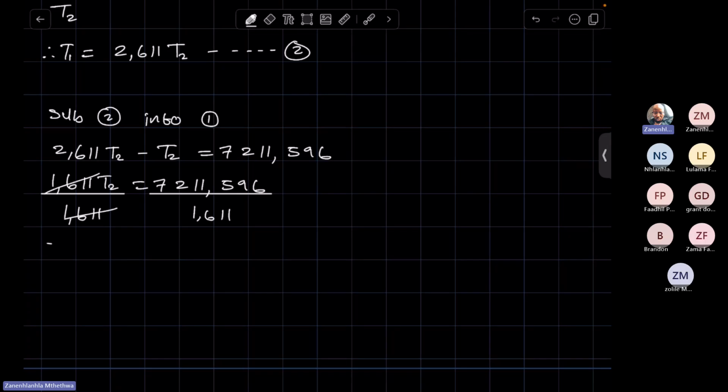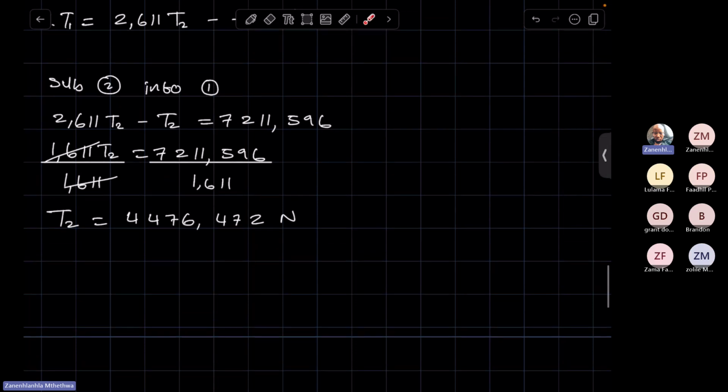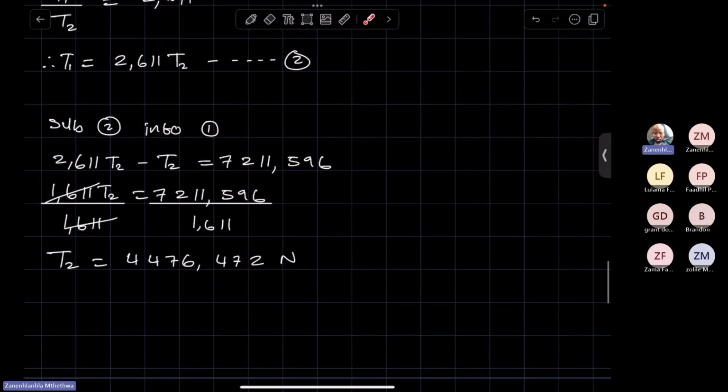So that cancels. Hence T2 will be equal to 7211,596 divided by 1,611. So for T2, I'm getting 4476,472 newtons, right? This is what I'm getting for T2. You should be getting more or less the same thing.